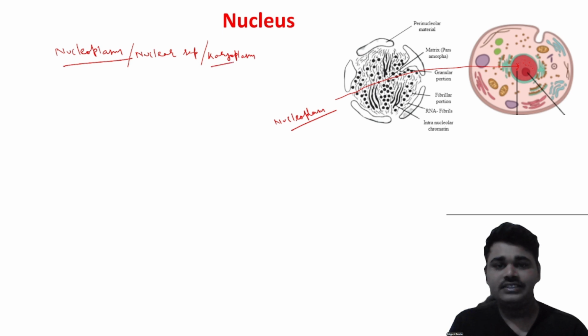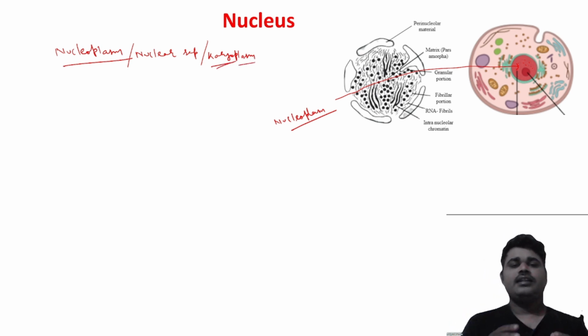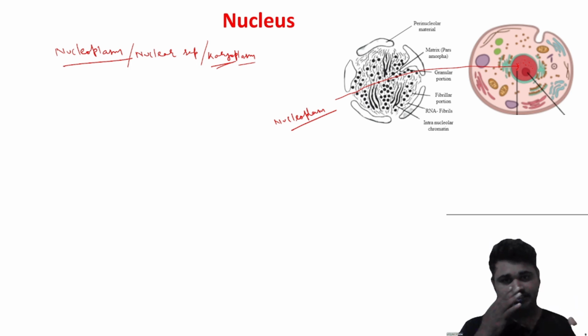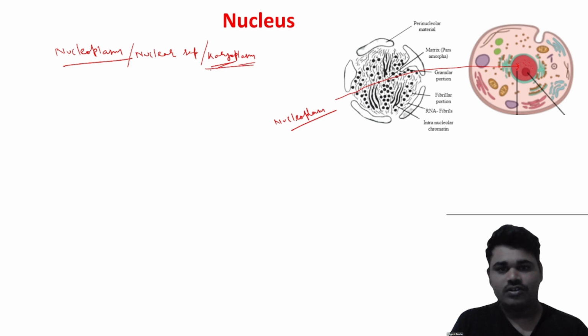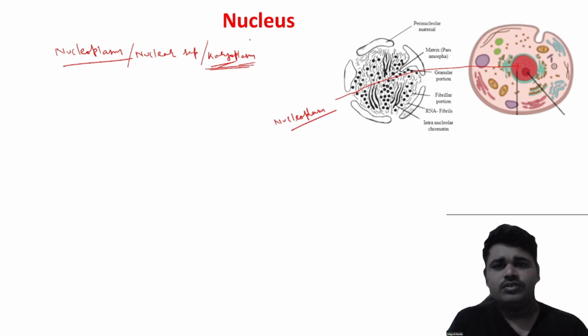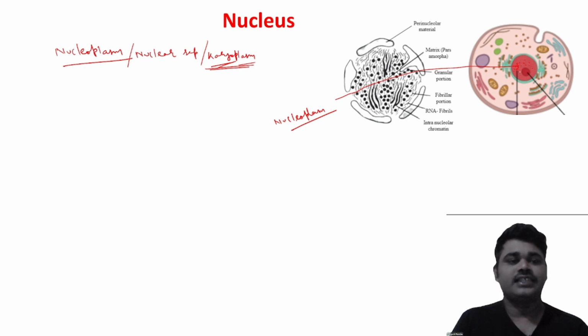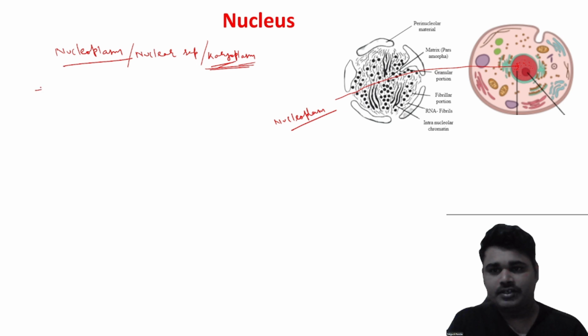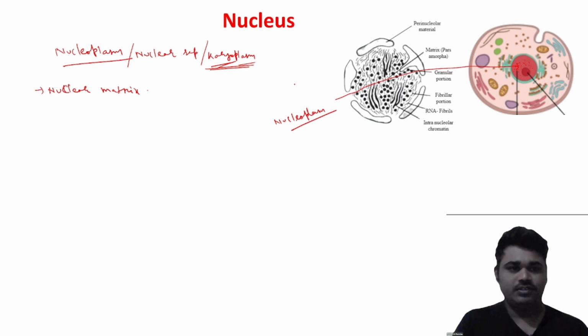The nucleoplasm is simply the matrix structure. Matrix means the inside structure, so it is also called the nuclear matrix, the structure present inside the nucleus.